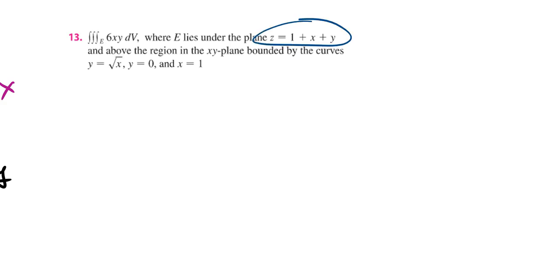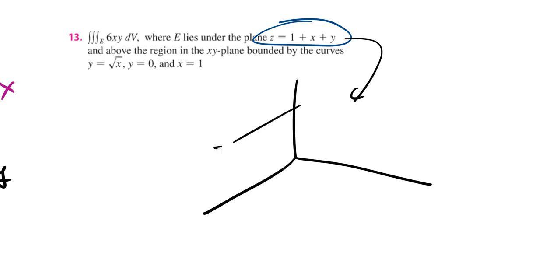So 13 is similar. You have z equals 1 plus x plus y, so that's some plane in the z direction. And then you have something else going on in the xy plane. So z equals x plus 1 plus, I don't know what that is. It's some plane, all right? And it doesn't really matter what it is per se.